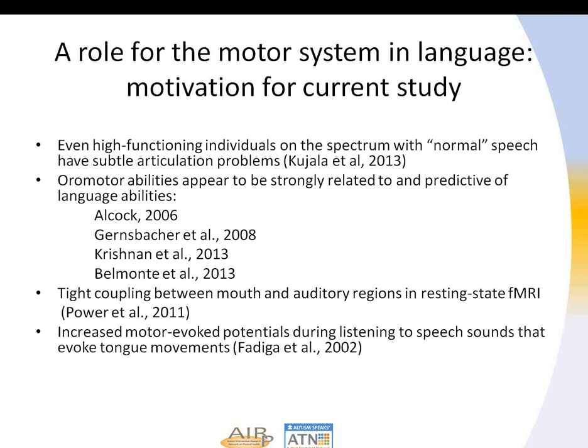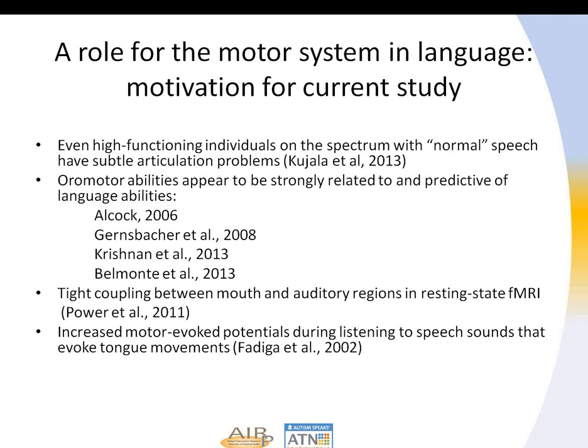People like Kate Alcock or Merton and Gernsbacher or Krishnan or Max Belmont, clearly their work too suggests that there is this relationship between non-speech oromotor planning and execution and speech and language presentation or performance.